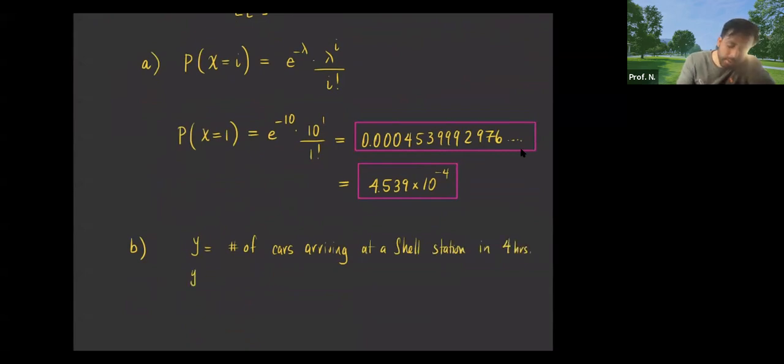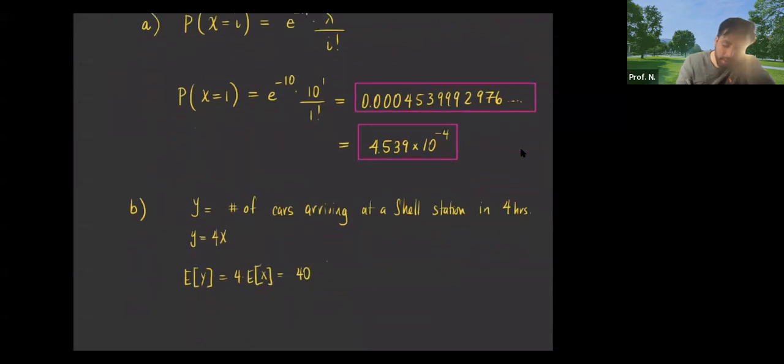But Y is really 4X. And that's why the expected value of Y is 4 times the expected value of X, which is 40. So this is 40 cars. This is the expected value or the average number of cars in 4 hours.